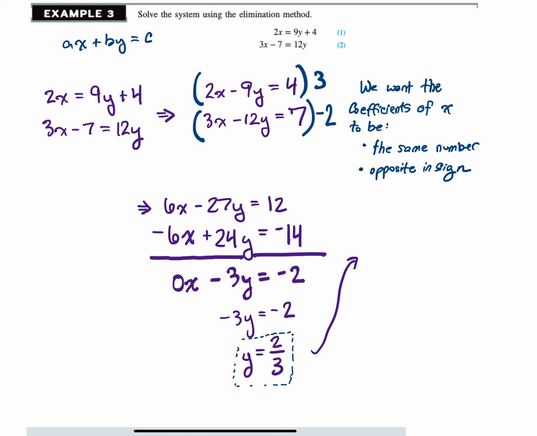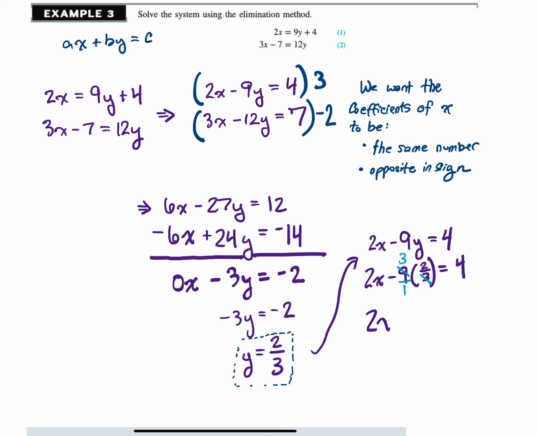So I have 2x minus 9y equals positive 4. So let's plug in 2/3 for y. So 2x minus 9 times 2/3 equals 4. Let's see, we can view that 9 as 9 over 1, and 3 goes into 9 3 times. So really it's like a 3 times 2.